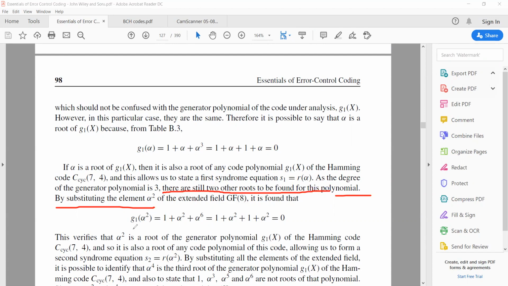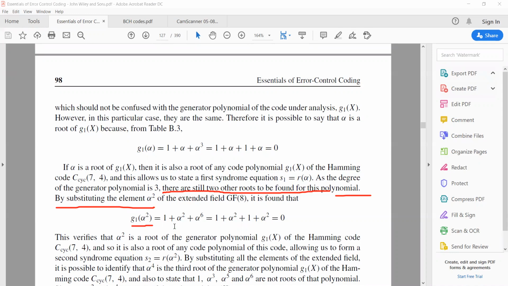So here we have considered g1 alpha square. We are replacing x by alpha square, and we are observing whether the equation becomes 0 or not. So 1 plus x cubed was our main generator polynomial equation.